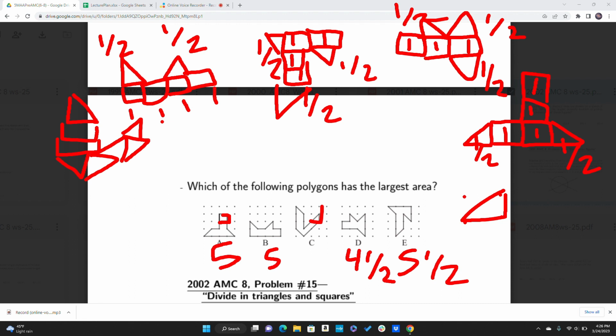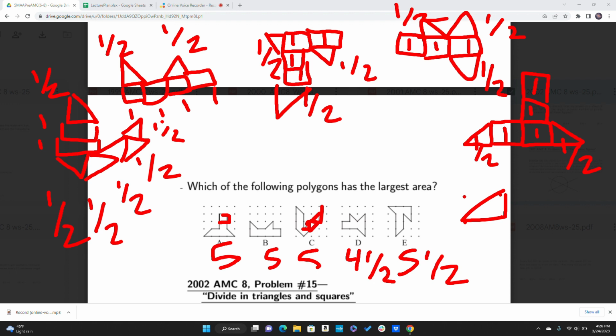I could try drawing out all of the triangles, but it's not very easy to visualize. Anyway, triangles have area 1/2, squares have area 1, so that's 1/2, 1/2, 1/2, 1/2, 1/2, up here 1/2, plus 2 squares, so that has a total area of 5.